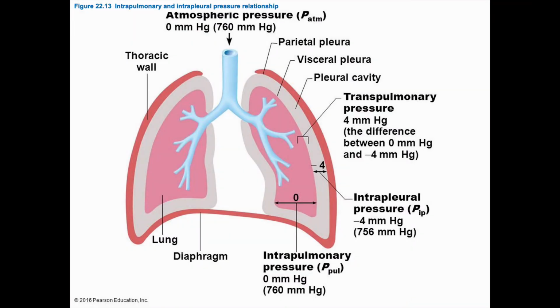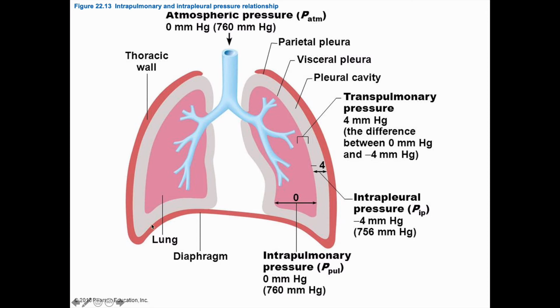I will show you here. This is the atmospheric pressure, 760 millimeters of mercury, that is going inside the trachea. I have shown you a video of how, when the diaphragm contracts, a negative pressure is created, thereby the lung will expand.